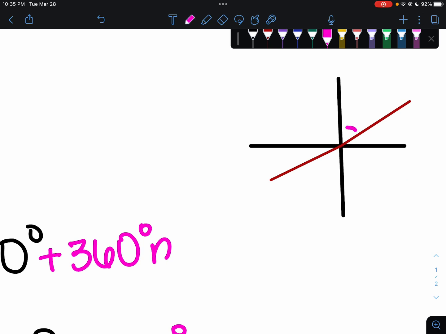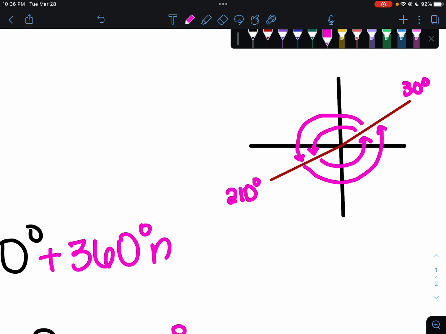If I go from here to here, that's actually 180 degrees. This is 30 degrees. We said this was 210 degrees. 30 plus 180 gives me 210. If I add 180 again, it takes me back here, and again, it just keeps going around. So anytime you have angles that are in opposite, diagonal quadrants, that typically works for tangent, but in this case it works here.